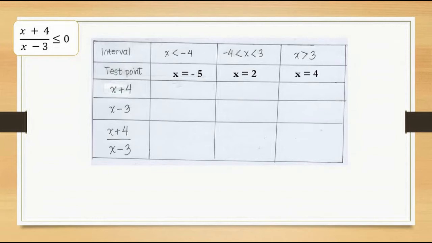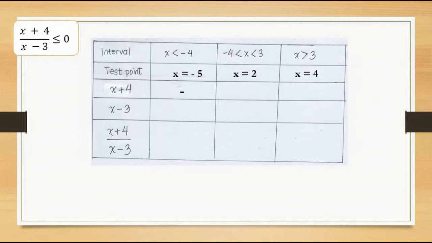Now we substitute x = -5 into x + 4. So -5 + 4 is -1. The expected answer is negative, so we put a negative sign there.